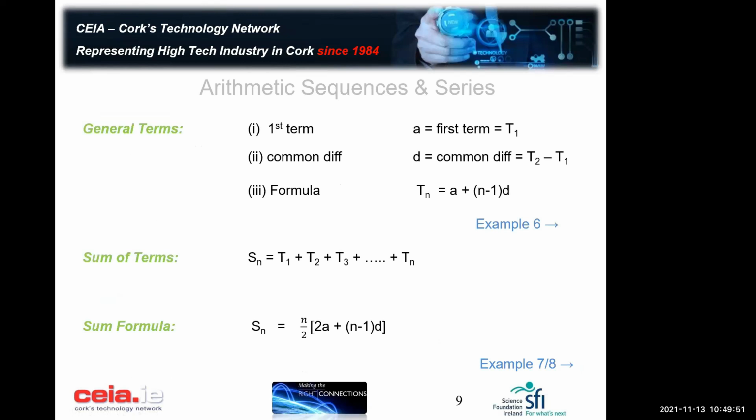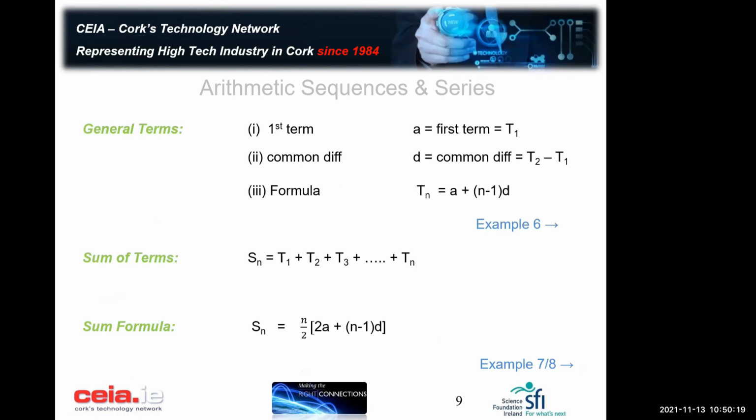So the general terms for the arithmetic sequence and series. The first term is always called A. So A is the first term, and that's the equivalent of T1 or U1 or any other letter you want to use. The common difference, the constant difference between them, is called D, and that's equal to T2 minus T1.